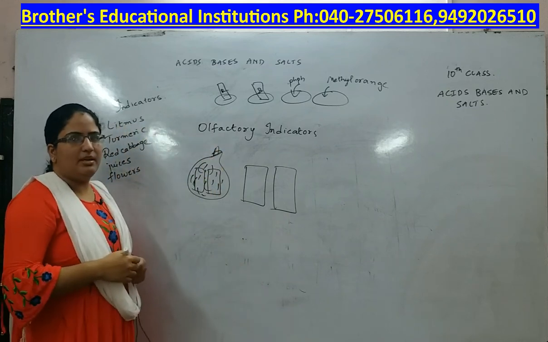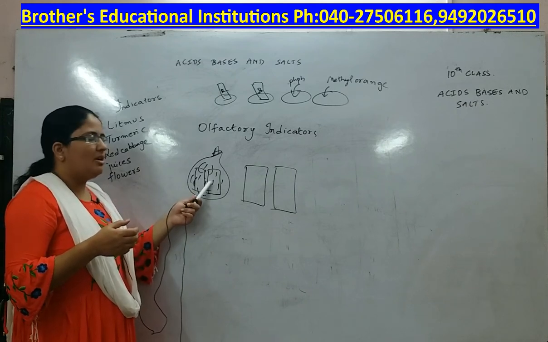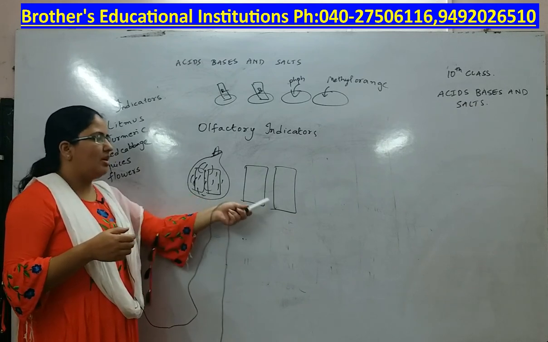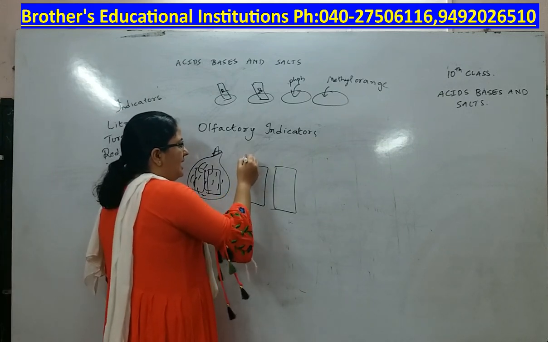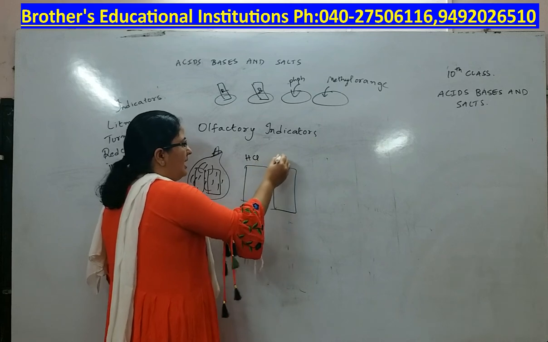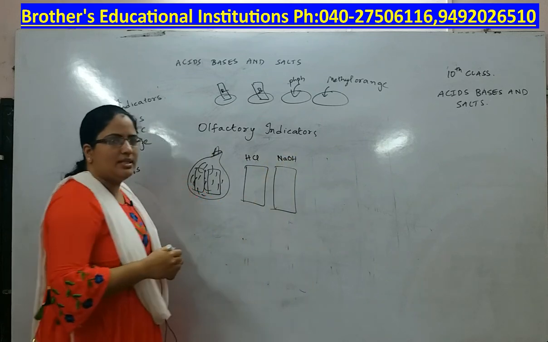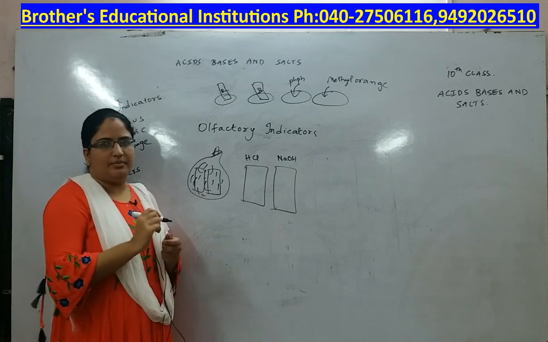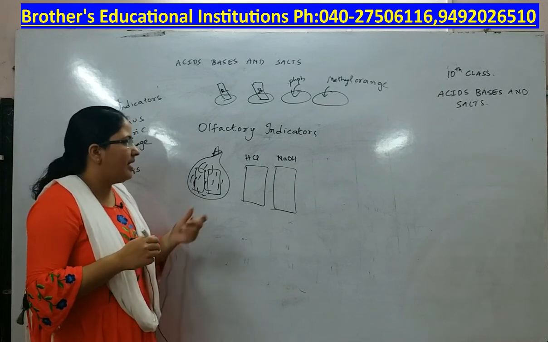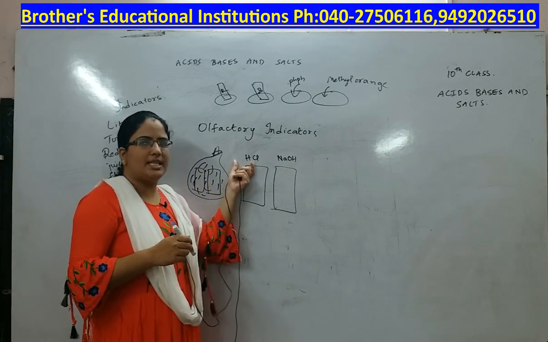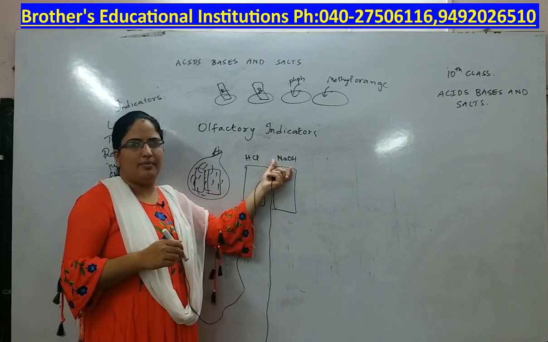The essence of the onion will be absorbed by the 2 cloth strips. Now add HCl to one and NaOH to the other cloth strip and wash it. See the smell. In case of acid, the smell remains as it is, whereas in case of base, the smell is destroyed.